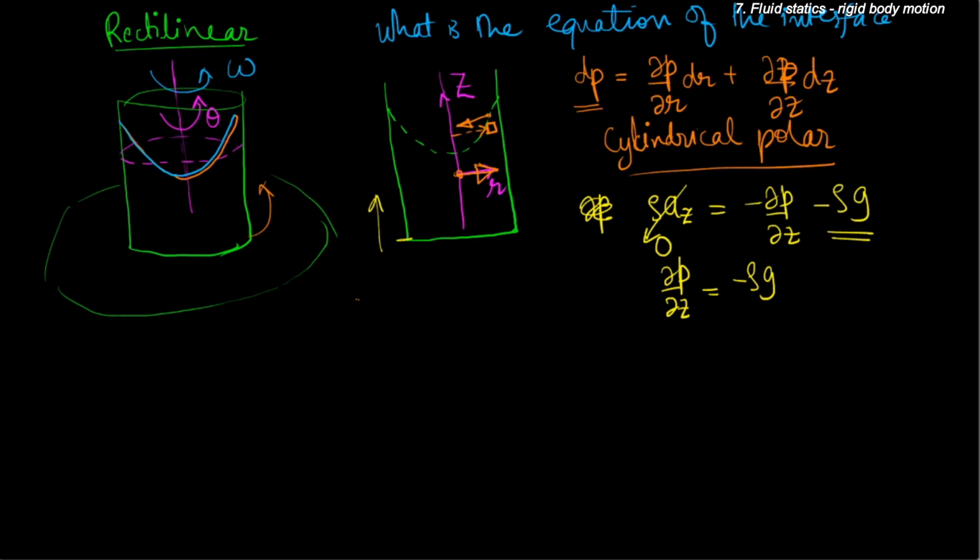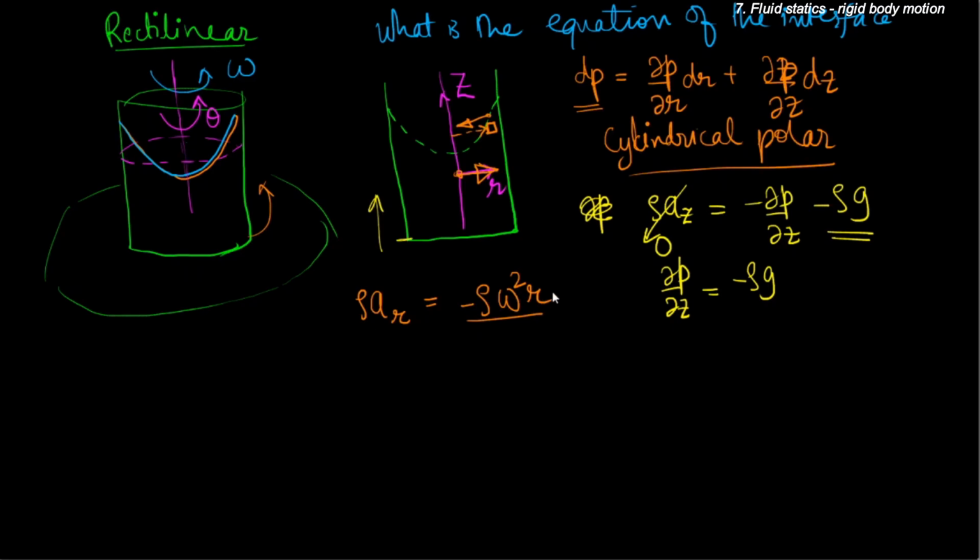So rho times ar is actually minus rho omega square r. This is the acceleration on a fluid element in this rotating beaker.